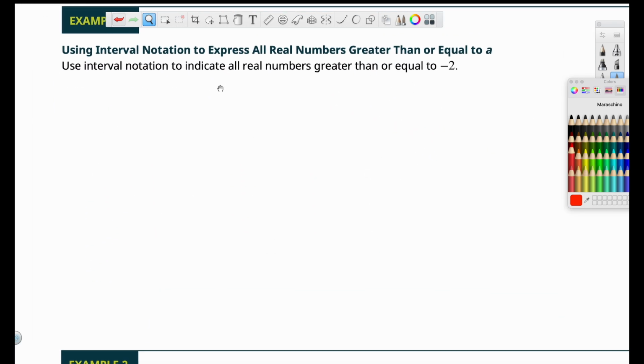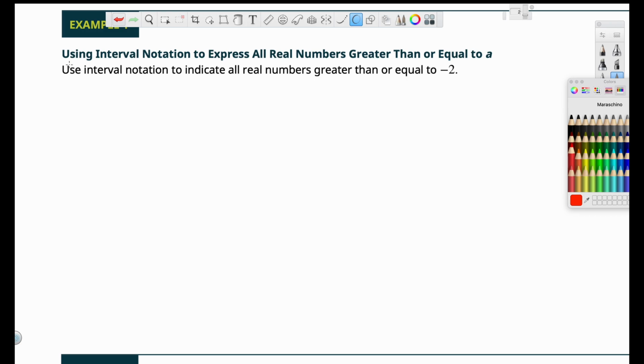Example 1, we're going to use interval notation to indicate all real numbers greater than or equal to -2. Okay, so to make a little picture of this, numbers greater than or equal to -2. So I've got 0, -1, -2, and -3.